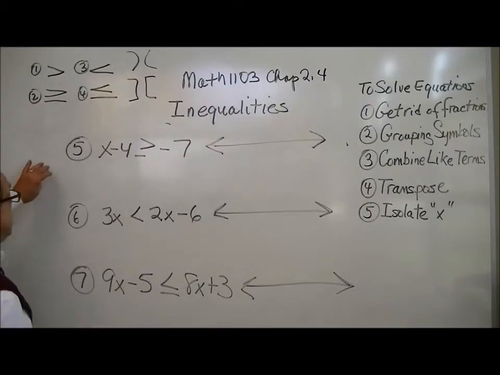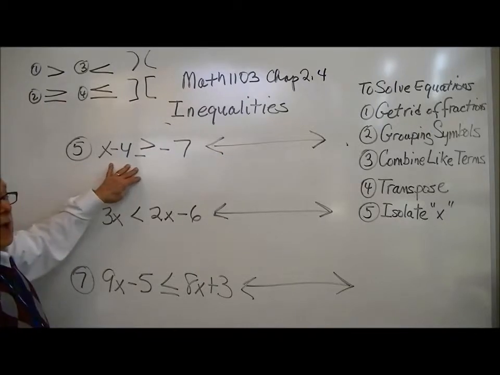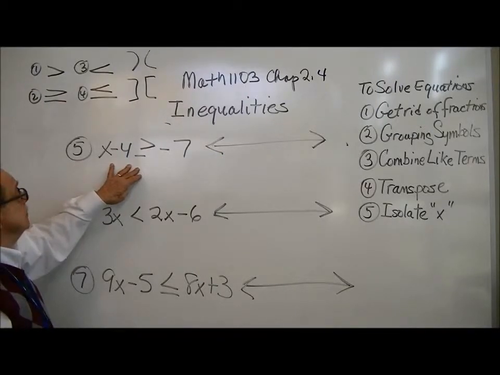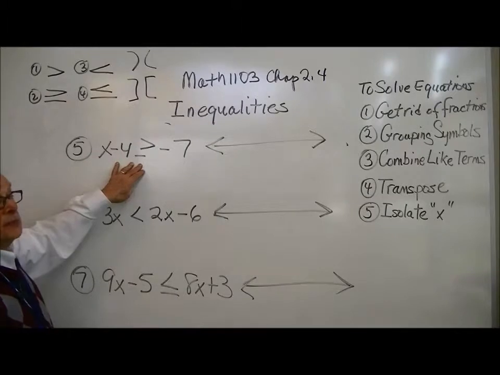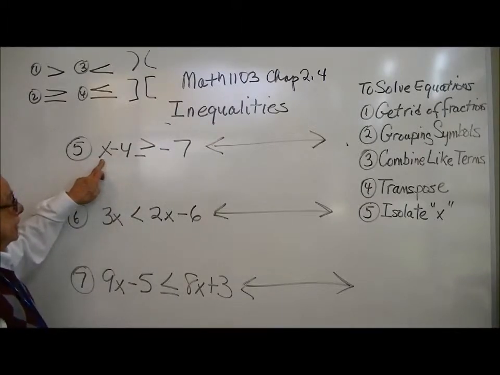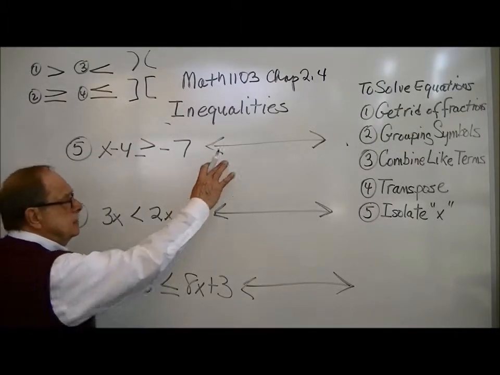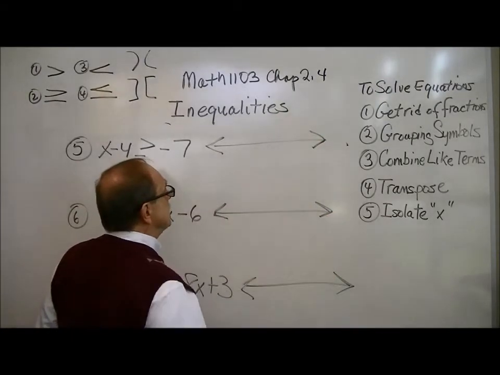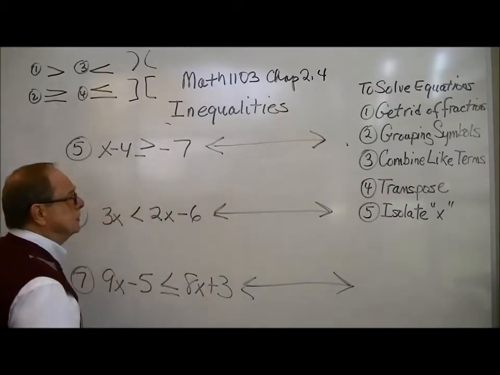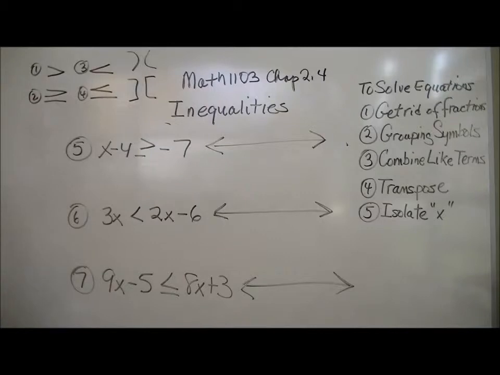Okay, so our next few examples are now actual inequalities where we have to solve for our letter x. And here we're using pretty much the same technique that we use for solving equations.